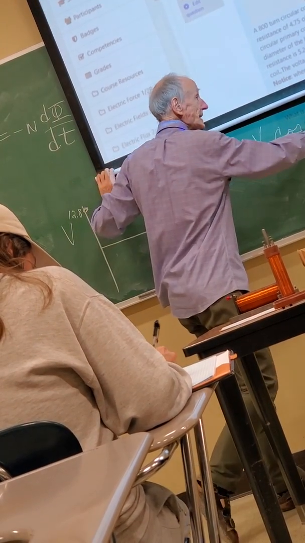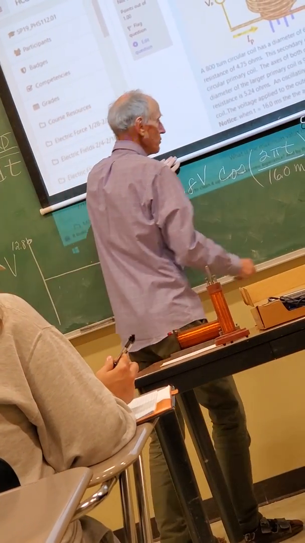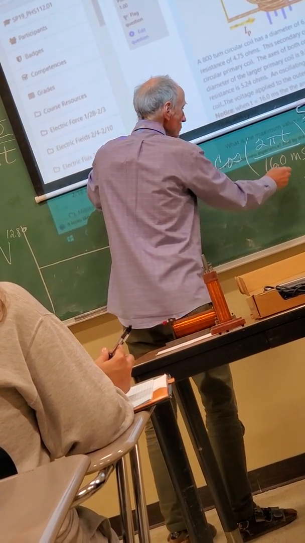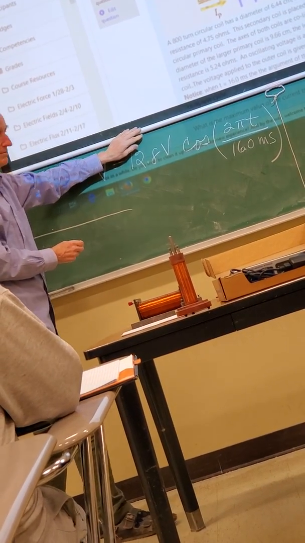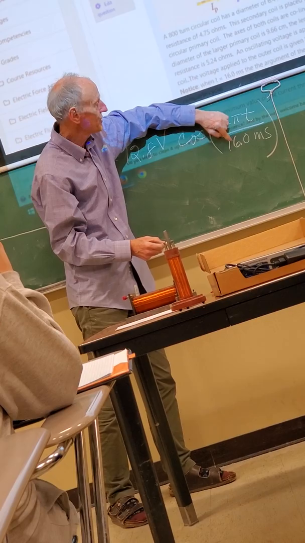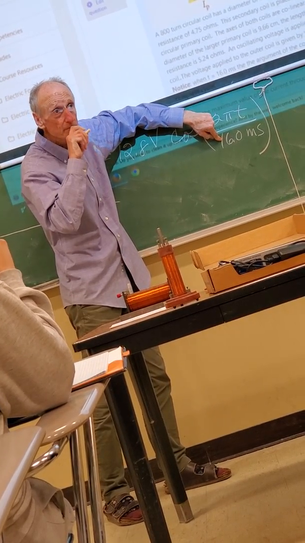And this is radian measure. So when t equals 4 milliseconds, you'll have 4 over 16, which is 1/4.